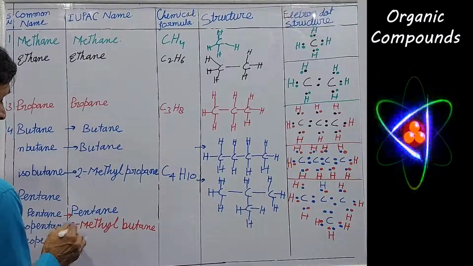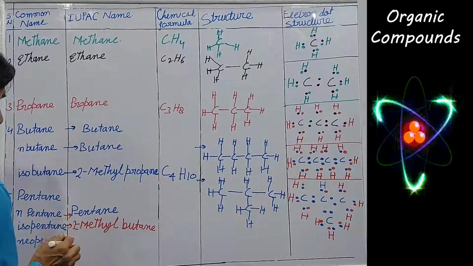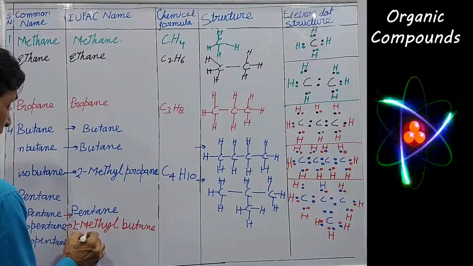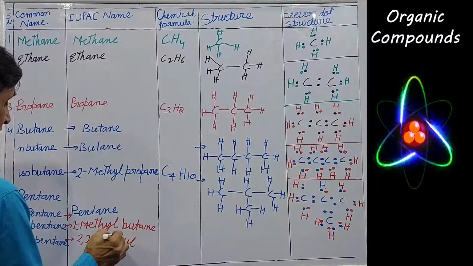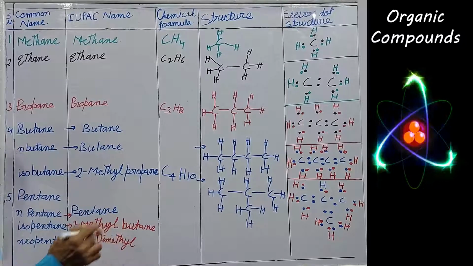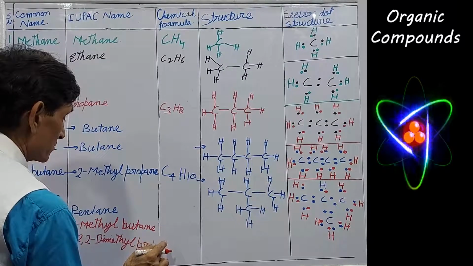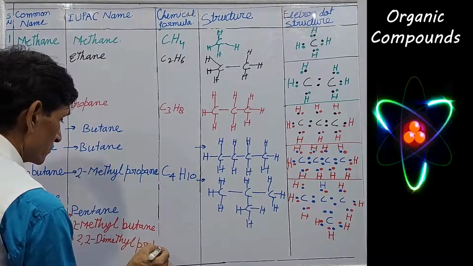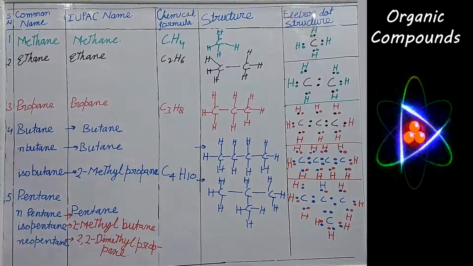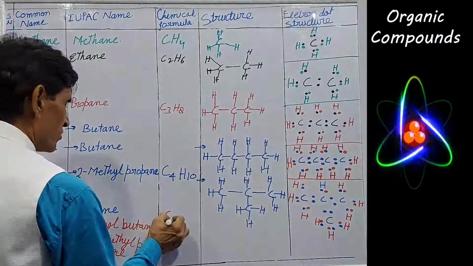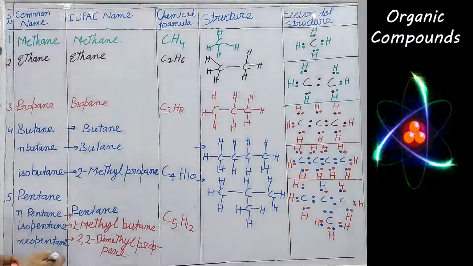And neopentane is 2,2-dimethyl propane. All of these have the same molecular formula, C5H12, and all these structures you will draw for practice.